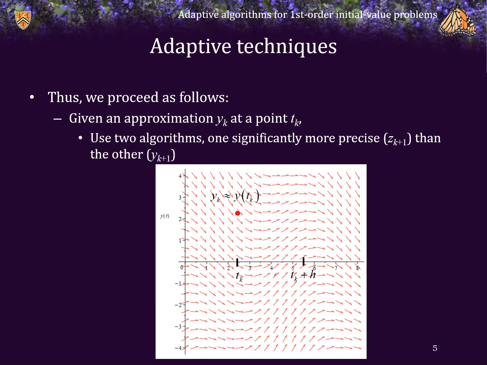Using the same nomenclature from the last few topics, we will denote the not so good approximation as y_{k+1}, and then we will calculate a second, more precise approximation, which we will designate z_{k+1}. All right, so now we have 2 different approximations, the first less precise, the second more precise, of the next point.